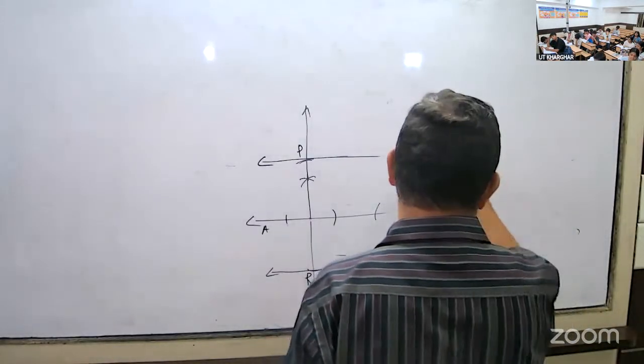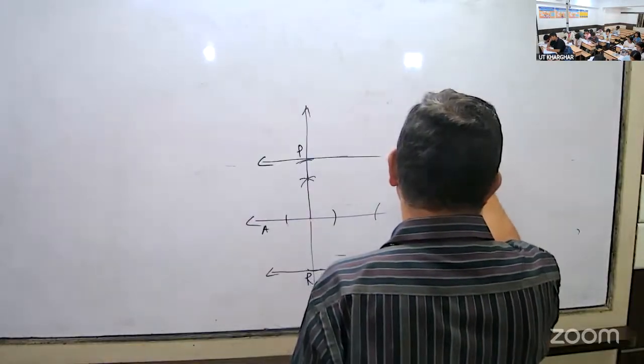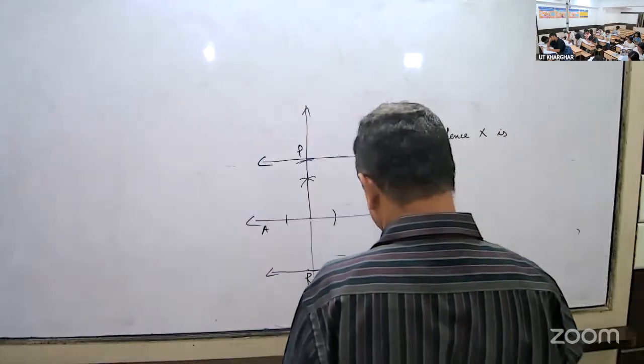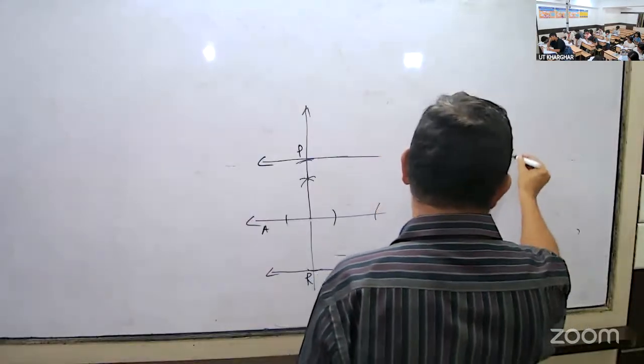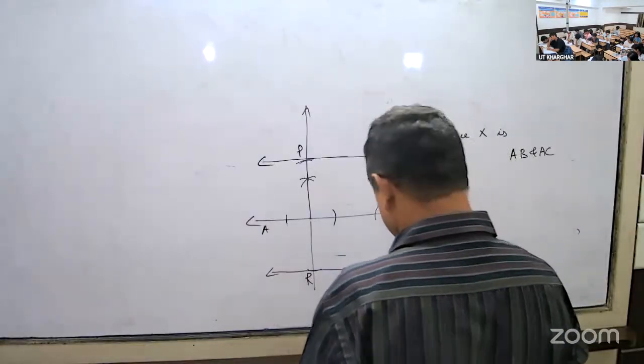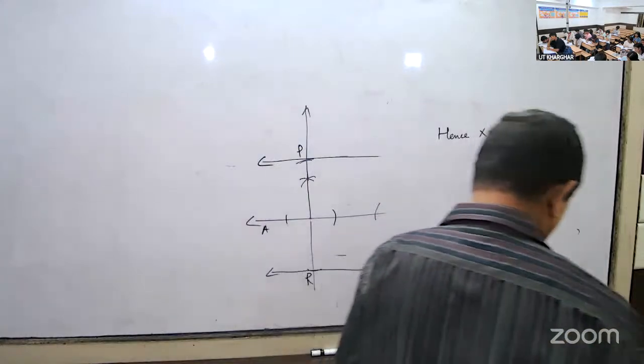Written. Next step. Hence, X is equidistant from AB and AC.